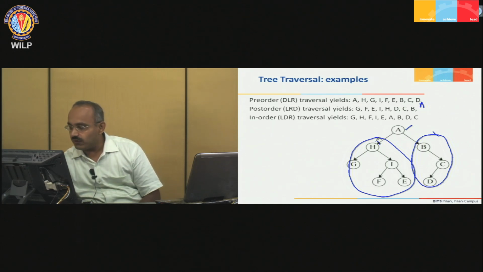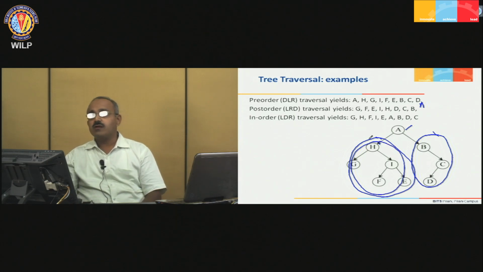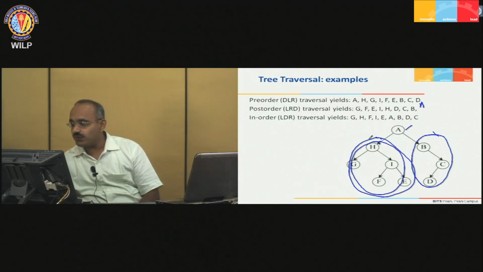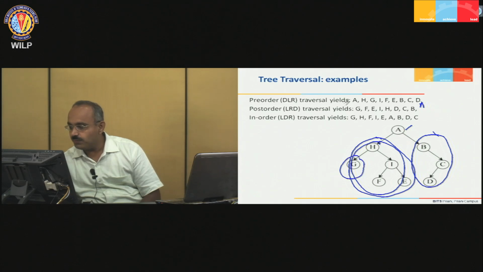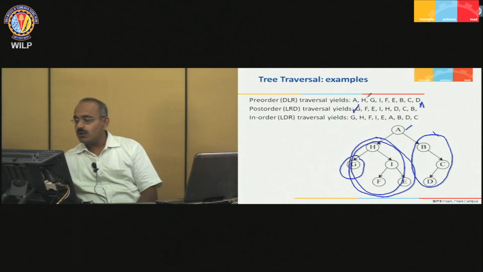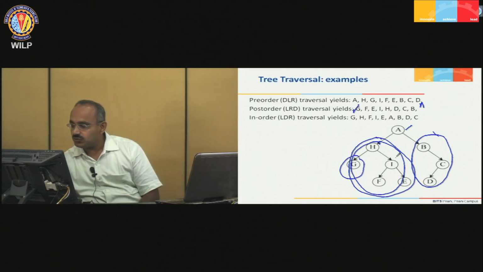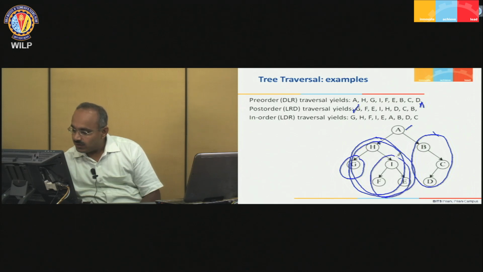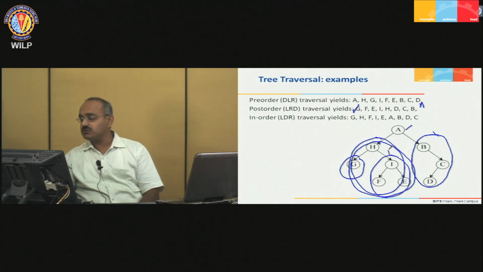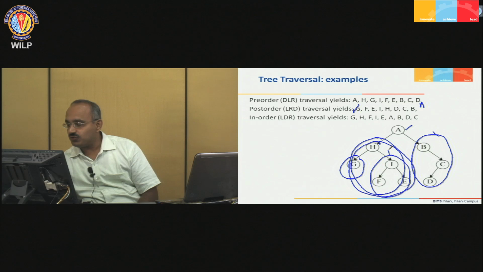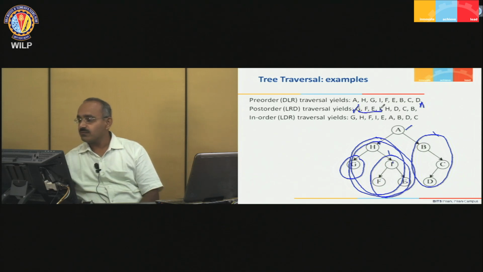That would mean you are going to traverse this first in post-order. Recursively I am going down, so first I am going to traverse G. Before you visit H, you are going to traverse the right subtree of H in post-order, which is going to be F, E, and I, which is here. Then you will traverse H, that is the root.